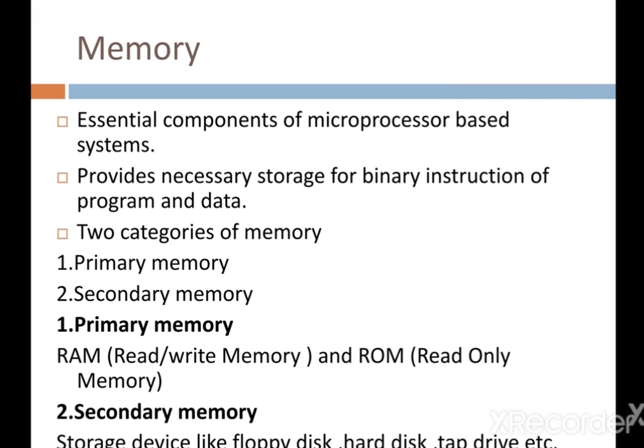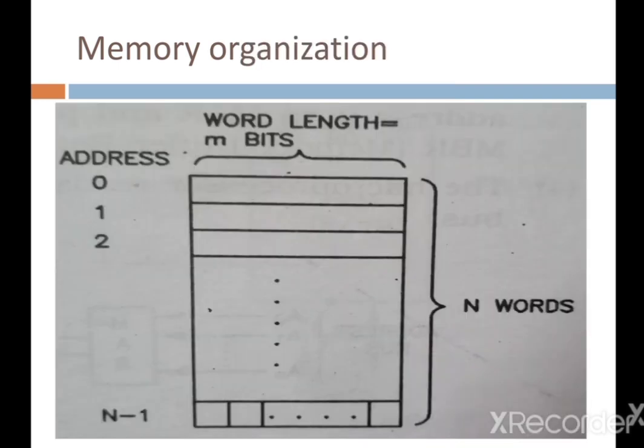Then this is the common memory organization. In this memory organization, here N is words and M is bits.